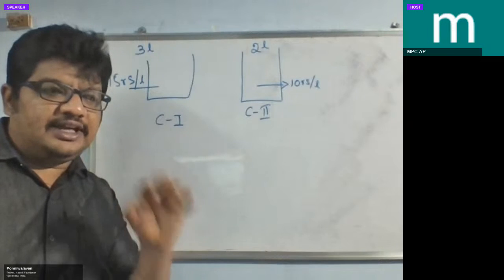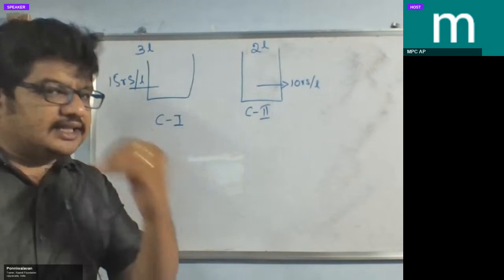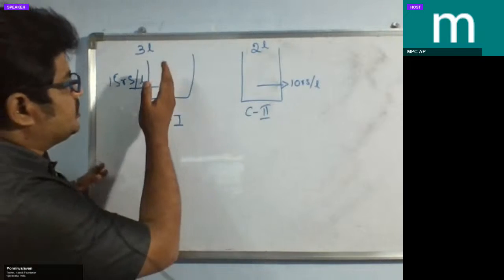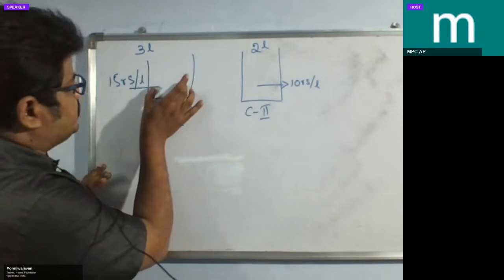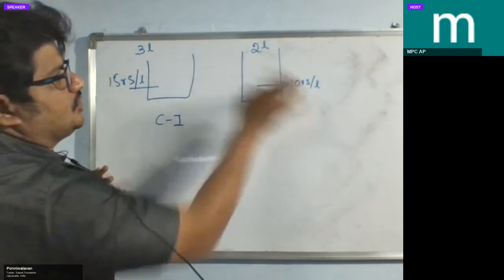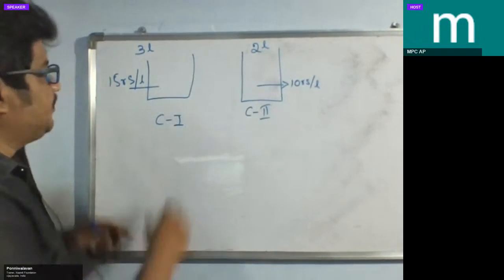Listen carefully. If you are clear in the basics, then you can easily solve a lot of problems. This solution is 15 rupees per liter and I have 3 liters; here the solution is 10 rupees per liter.